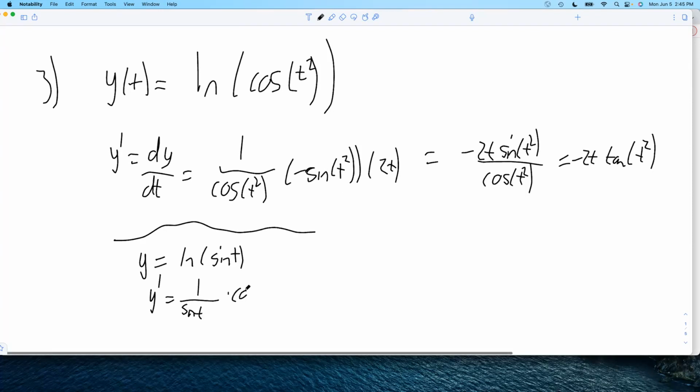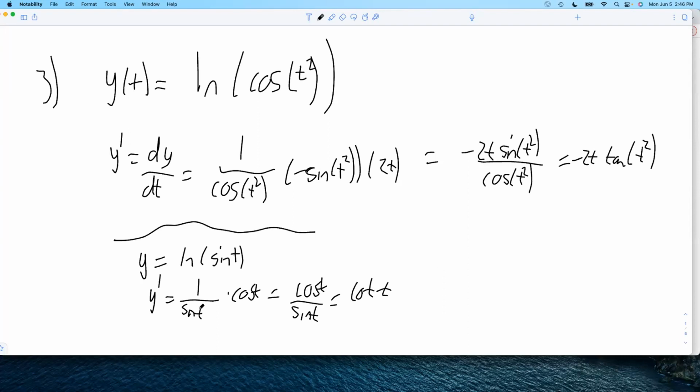Derivative of sine is cosine. Well, that's just cosine over sine. That's just cotangent. So we pick up different trig functions. Derivatives of logs of trig functions are often other trig functions, which is cool.